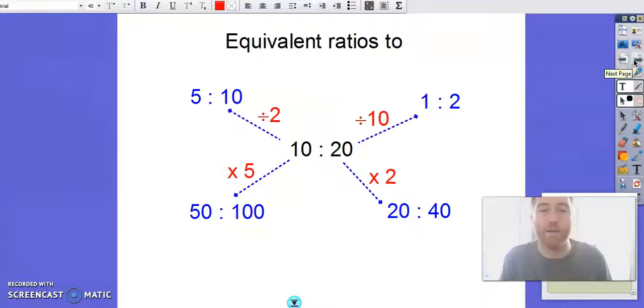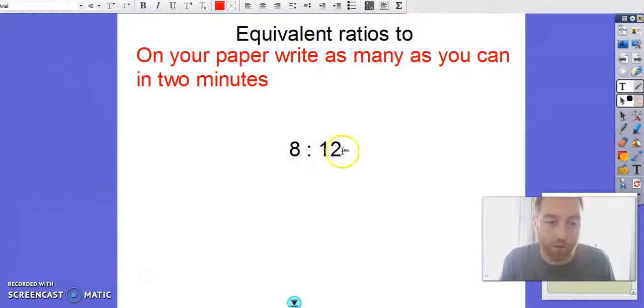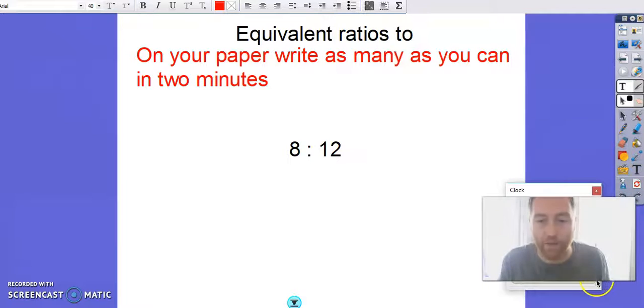Alright, now we're going to give you a chance to have a go. So let's do a different ratio. I'd like you to see if you can come up with, by dividing and by timesing, a load of equivalent ratios to the following. So, on a piece of paper, put down 8 to 12, and you have 2 minutes to come up with as many equivalent ratios as you can to 8 to 12.